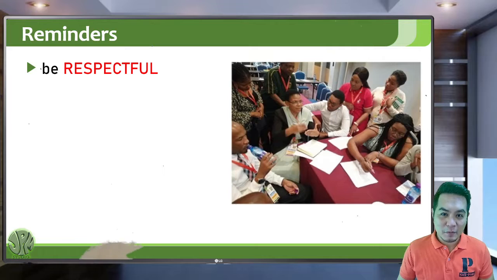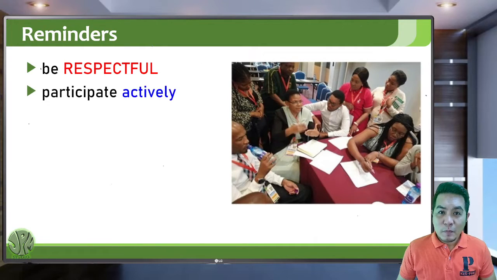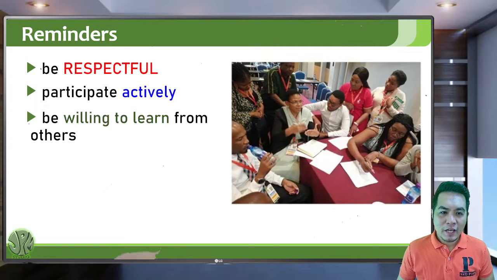So be respectful and participate actively, especially in the planning of the lesson and in the post-lesson reflection and discussion. And be willing to learn from others. Especially when you are young, or even if you are already a seasoned teacher, you still can learn from the other members of your group. Okay.